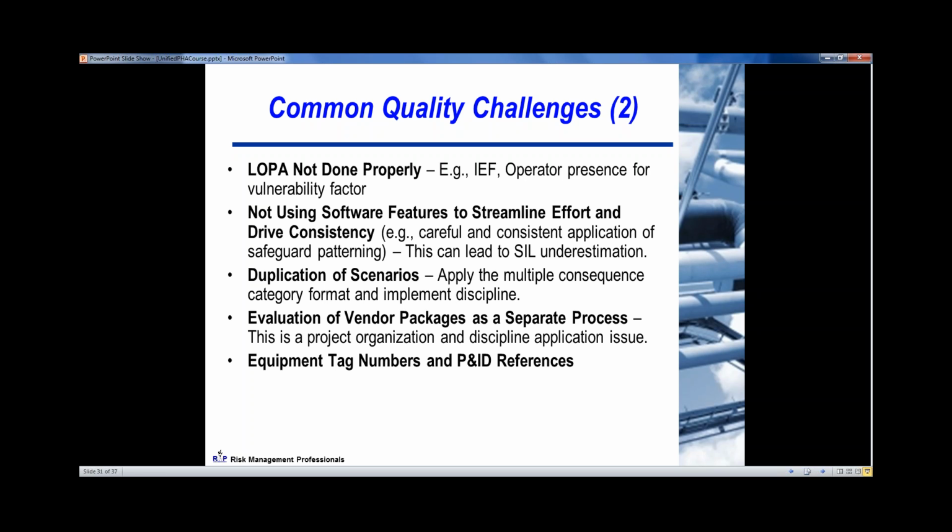I talked before about certain software having type ahead. Using that feature can not only streamline your effort, but I'll just mention one: PHA Pro has a feature such that you can list all your IPLs and all the scenarios that reference it, and it identifies the LOPA gap for each of those scenarios.